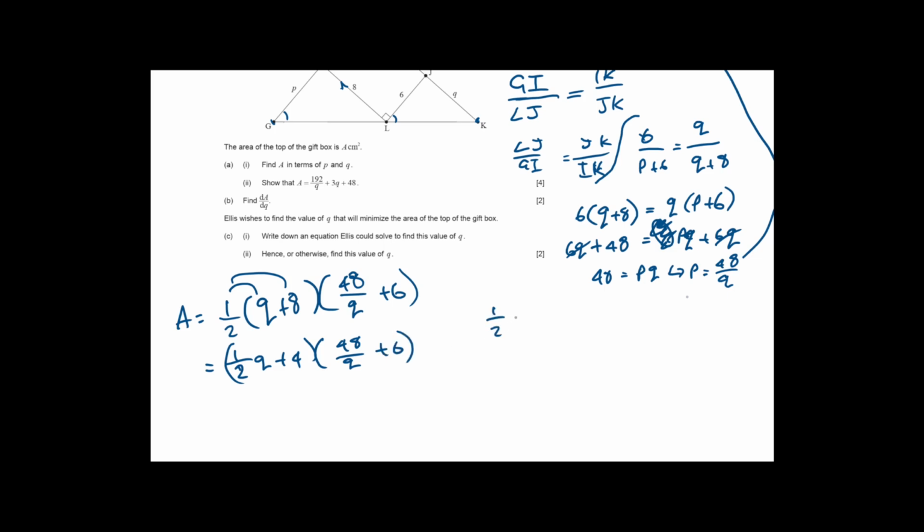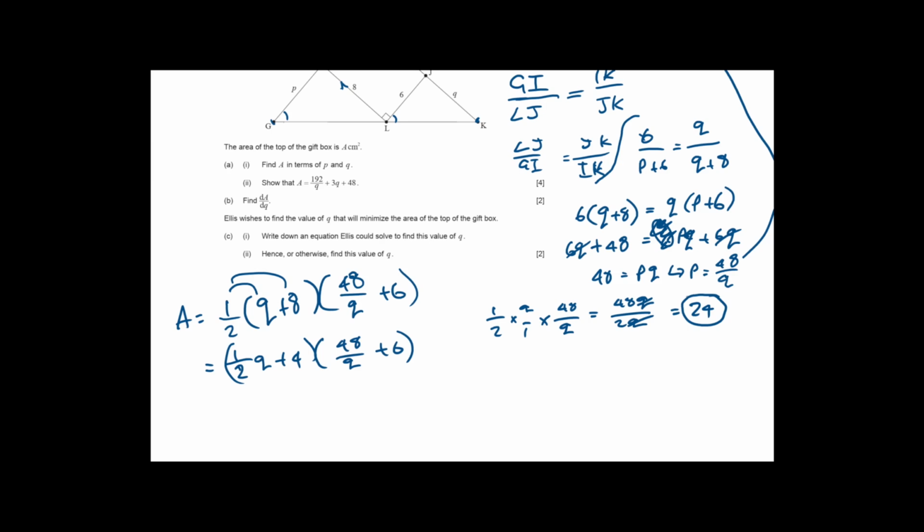So half times Q over 1 times 48 over Q, and that's going to be 48Q over 2Q. Q is going to cancel, and this is just going to be 24, because 48 divided by 2 is 24. Okay, so that's one of the terms, is 24.